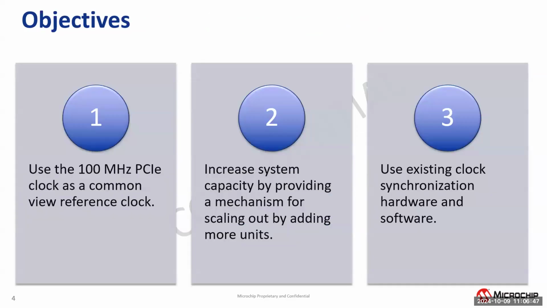So the objectives for this project were to use a 100 megahertz signal that is common to all cards on a PCIe bus. And we wanted to try and use that signal as a common reference between various PCIe cards and use that to generate a frequency that would be common to all the cards, that is aligned with an input reference.